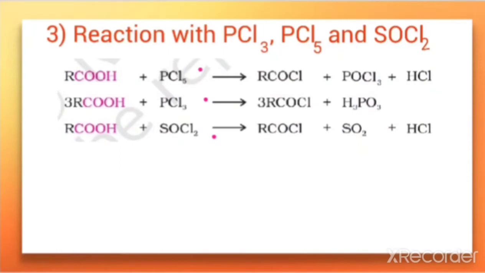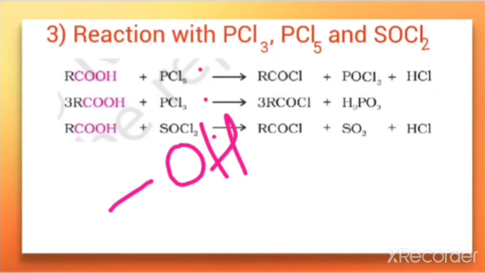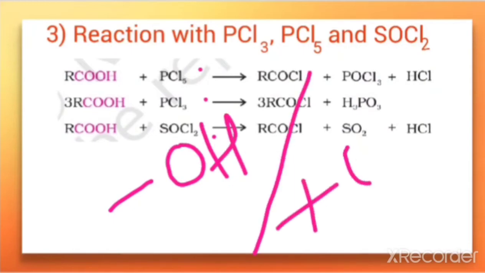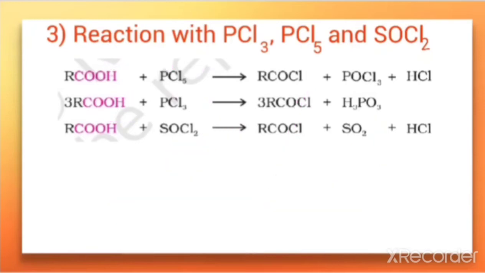The hint here is just remove the OH and add Cl in the place of OH. So without expanding this, you can write the product: remove the OH and keep the Cl. Here also remove the OH, keep the Cl, like this we can do. So this reaction is very easy and important also. So better to learn this in this way.